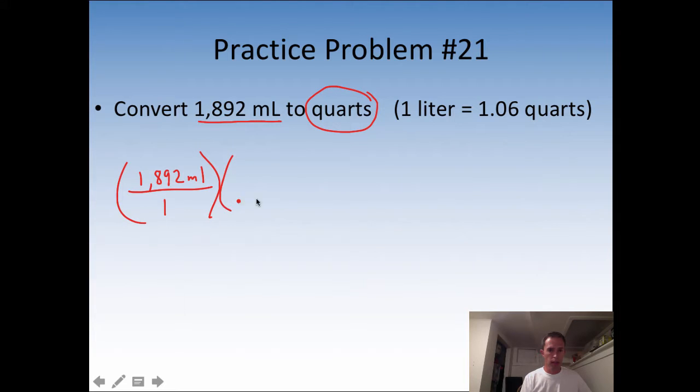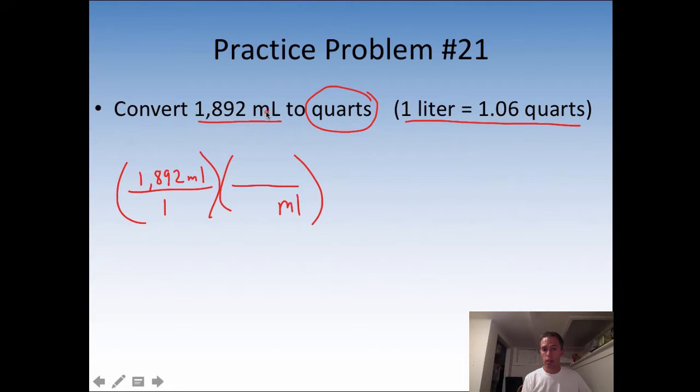Step 2, we're going to make a new conversion factor. We're going to try to cancel out the existing one that they started with. If milliliters is on top, we know that milliliters has to be on bottom to get them to cancel out. Now we just need a conversion factor here that has milliliters and quarts. Okay, but if you look here, they gave us 1 liter is equal to 1.06 quarts.